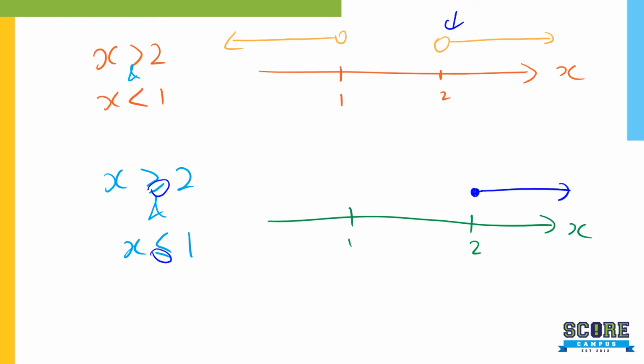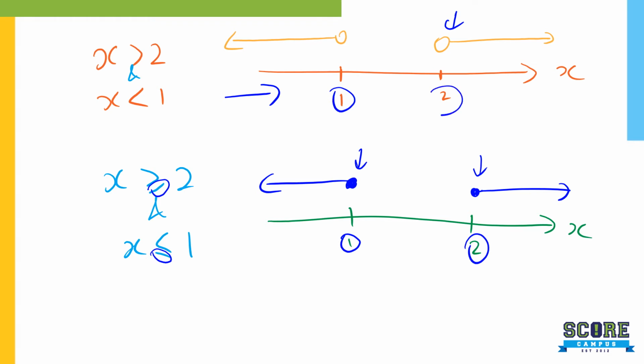Now when you shade the circle, what it means is that this number itself is included. That means x can take the value of 1, x can take the value of 2. In the open circle scenario, x cannot take the value of 1 and it cannot take the value of 2. Make sense? That is what the equal sign does to the inequality.